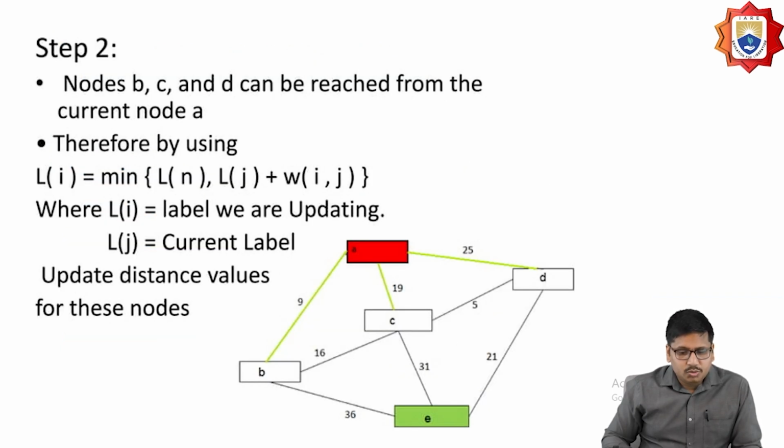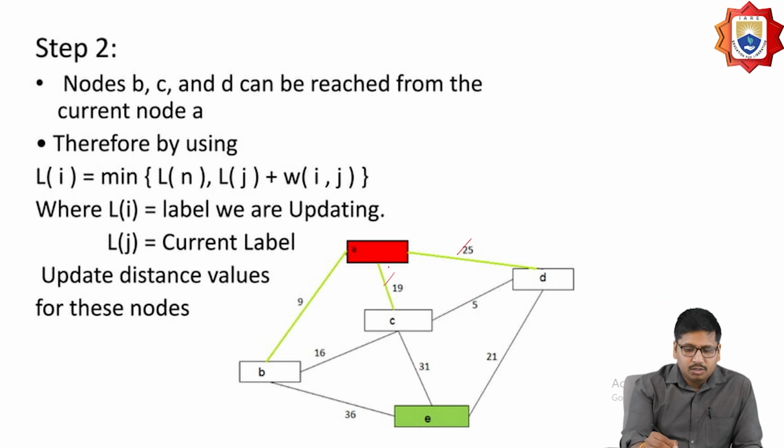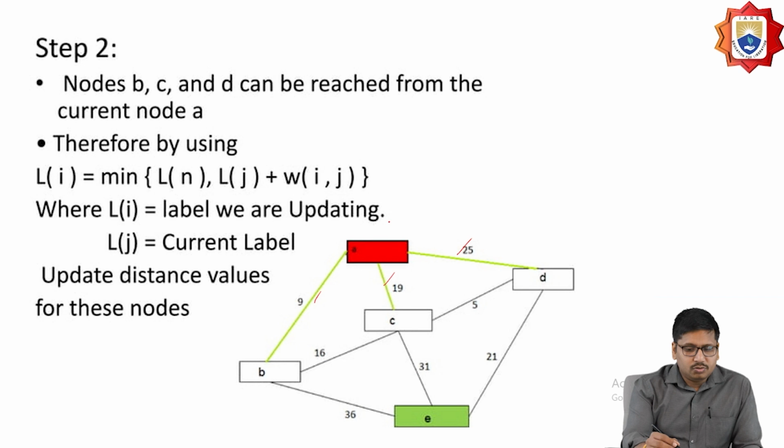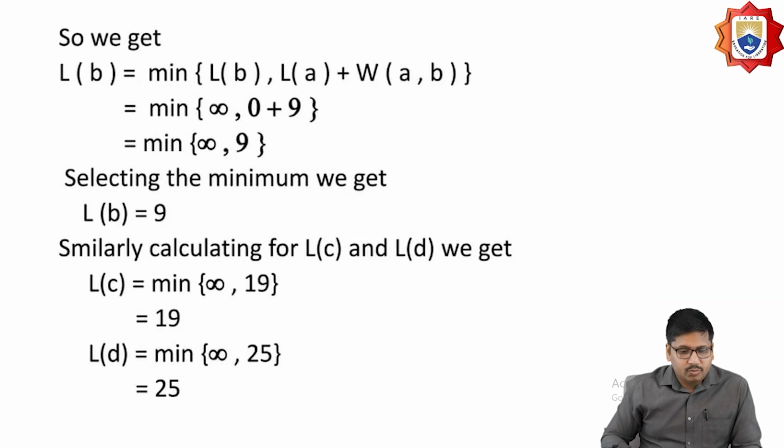And step 2, the nodes B, C, D can be reached from the current node. Among these, the minimum will have to be considered. Here L of I is the label we are updating and L of J is the current label, so we have to update the distance values.